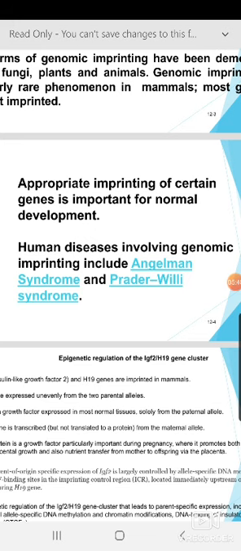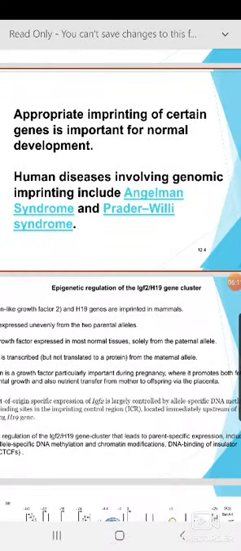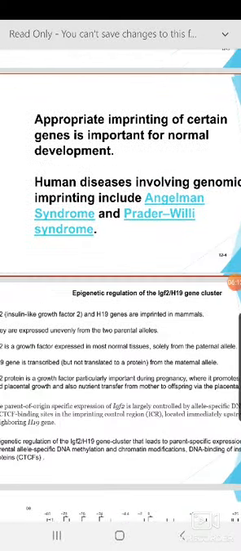But in normal adult humans, there are some diseases involving genomic imprinting. The names of those are Angelman syndrome and Prader-Willi syndrome. In both cases, there is a mutation and alteration in chromosome 15. In Angelman syndrome, the maternal allele is not functioning. In Prader-Willi syndrome, the paternal allele has a mutation, an alteration in chromosome 15.